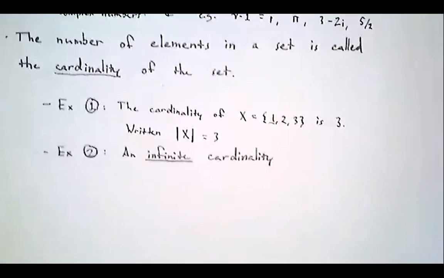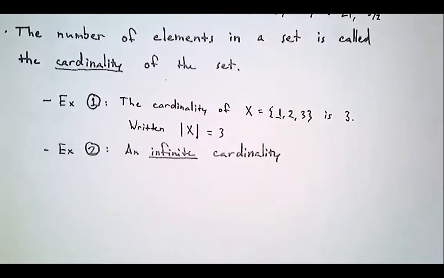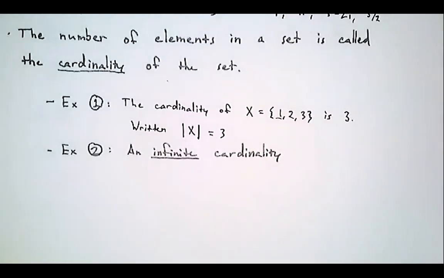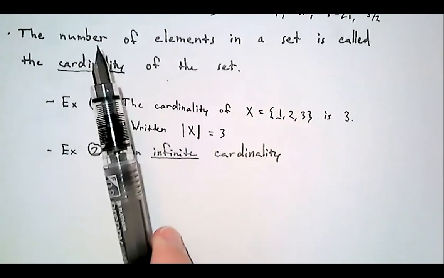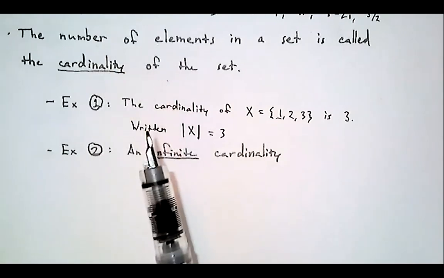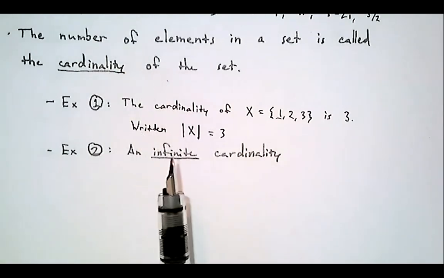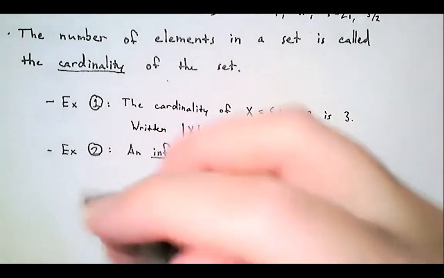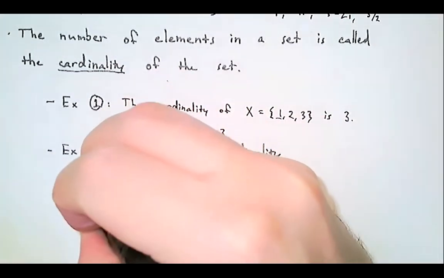The next idea is another one of those tricky ones. It's also possible for the number of elements in a set to be infinite. So there's an idea of infinite cardinality. For example, the set of integers.